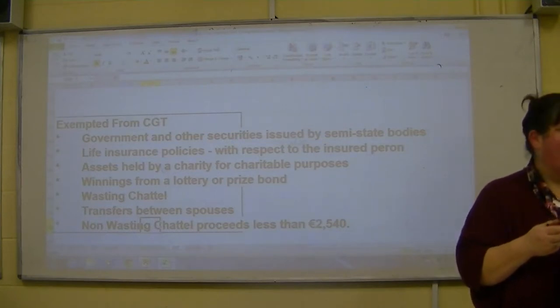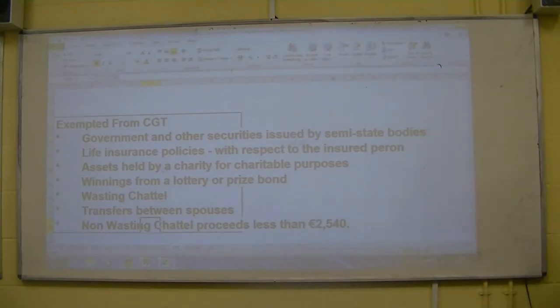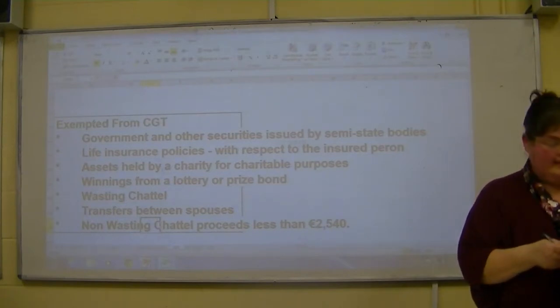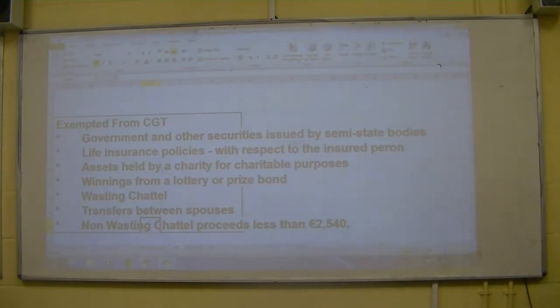So if you sold the house in Spain and you didn't bring the money back into the country, it's when you actually bring the money into the country that you start to be liable to capital gains tax on it. And if you did that in 5 years' time, you kept it in a bank in Spain, after 5 years you bring it into the country, then you're supposed to pay capital gains tax on it.